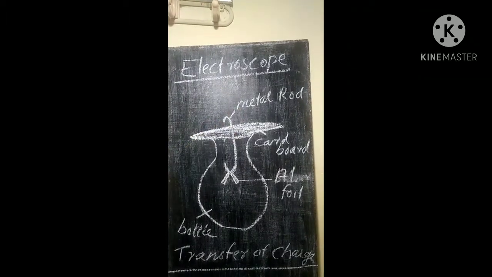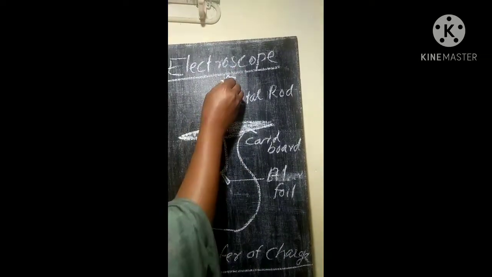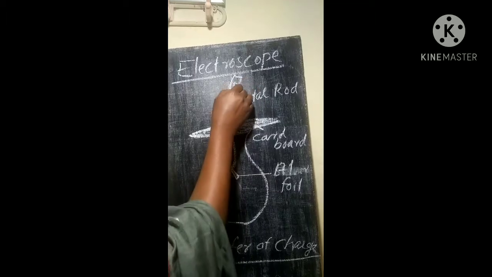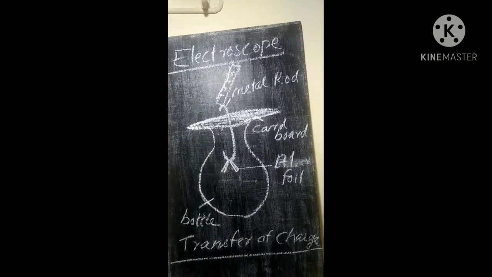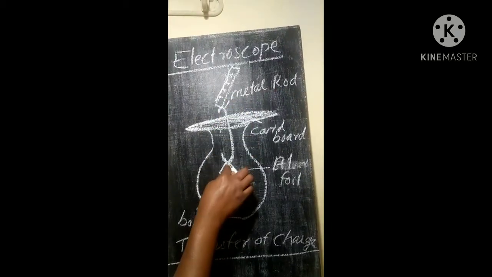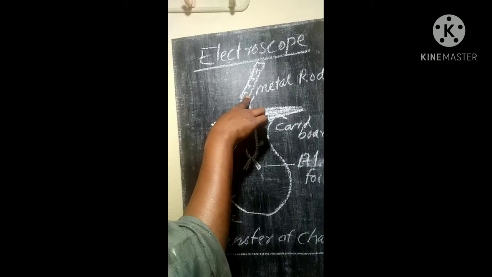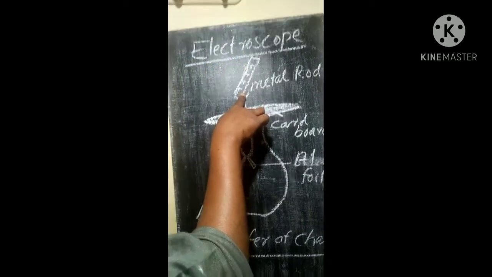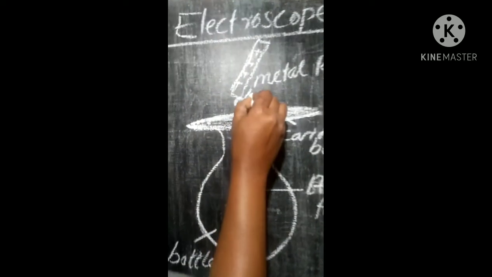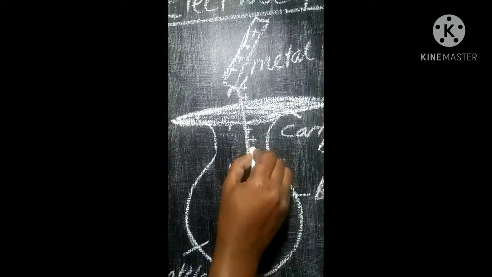Then what will happen? Suppose this is a positively charged material having more positive charges. What will happen when we touch the metal rod of the electroscope with the charged scale? We don't know whether it is charged or not, but we touch the object to the metal rod. What happens is that transferring of charge occurs.